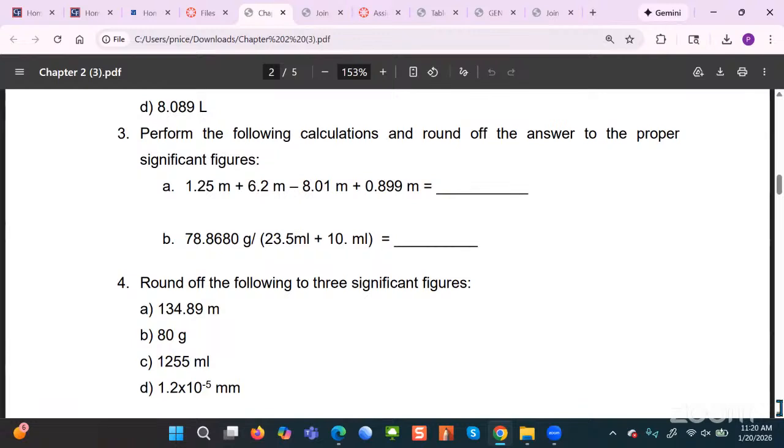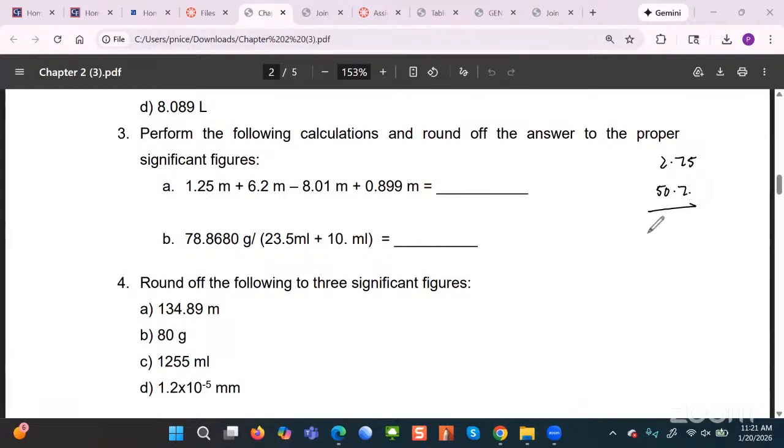So let's say you're given, I'm just going to make up something here. Let's say you're given 2.75 and you're adding to that 50.2. All right. So take your calculator and you add 2.75 plus 50.2.